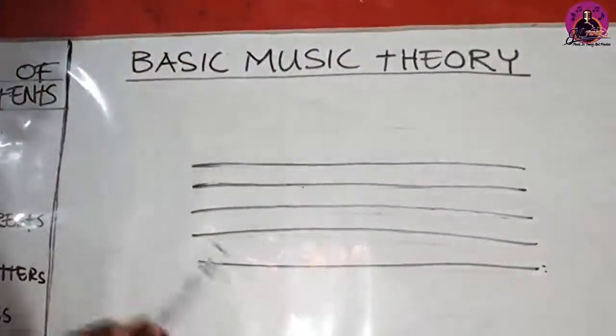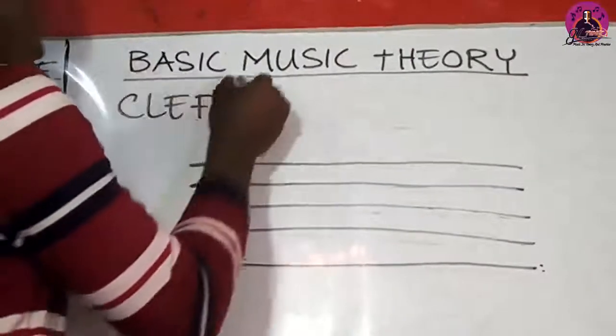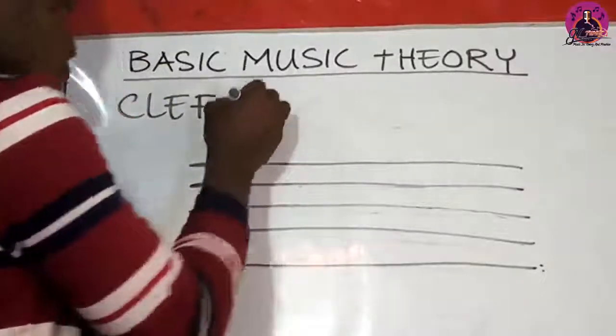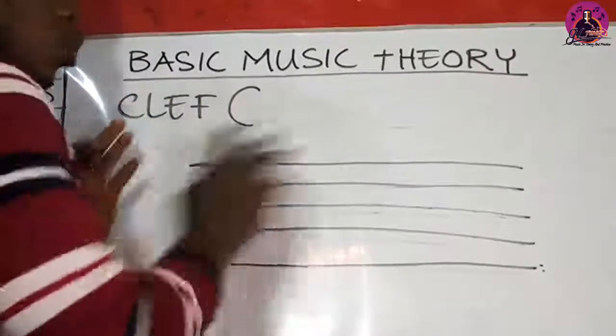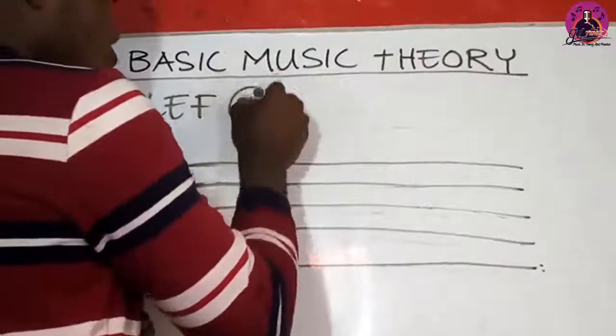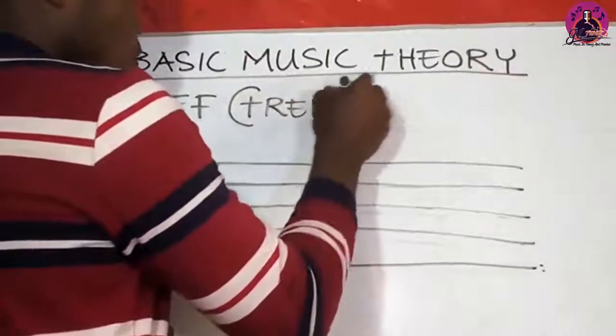So the next important thing on the staff is the clef. Because we are learning this music theory to play the violin, which is a soprano instrument, and this works for all soprano instruments, I'm going to use the treble or soprano clef. So we'll just call it the treble clef.